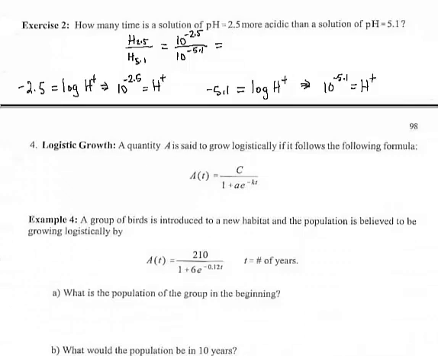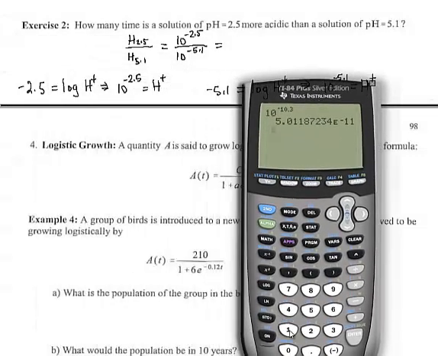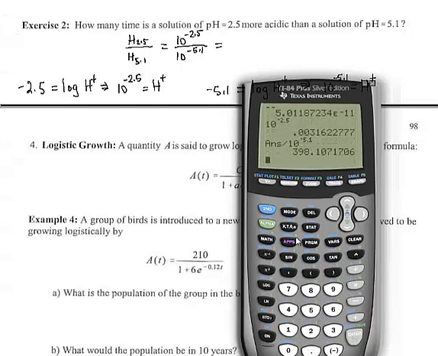What does that give us? 10 to the power of negative 2.5, enter, and then we divide that result by 10 to the negative 5.1, enter again, and we get 398.